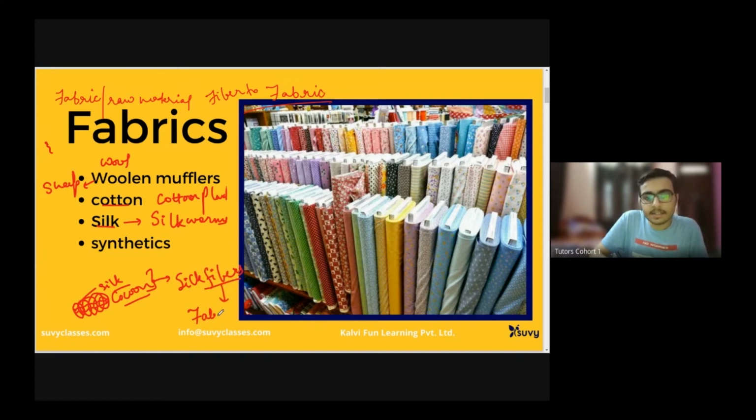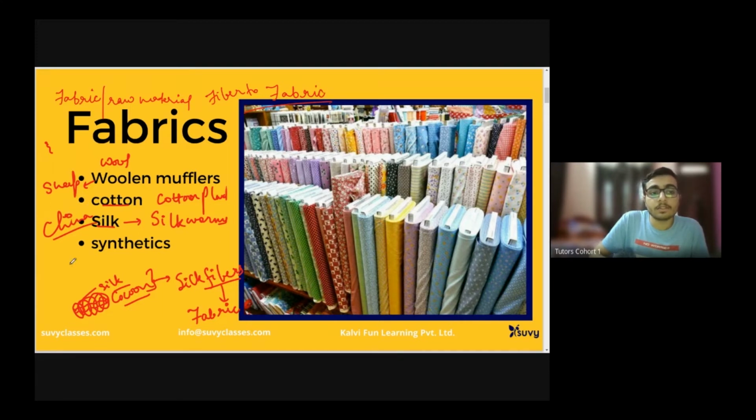We shall discuss the process in the forthcoming slides, but just for the sake of sources, what is the source of silk? It is an insect, a silkworm. Do you know, children, China is the biggest producer of silk.